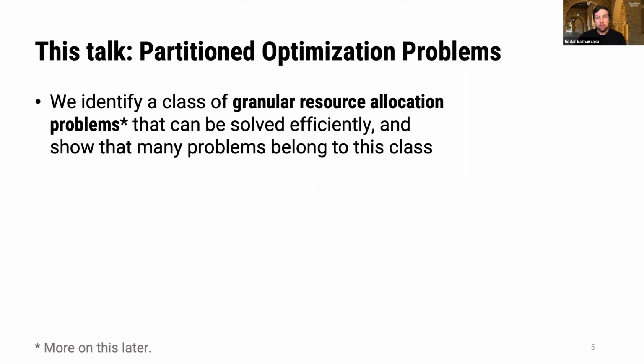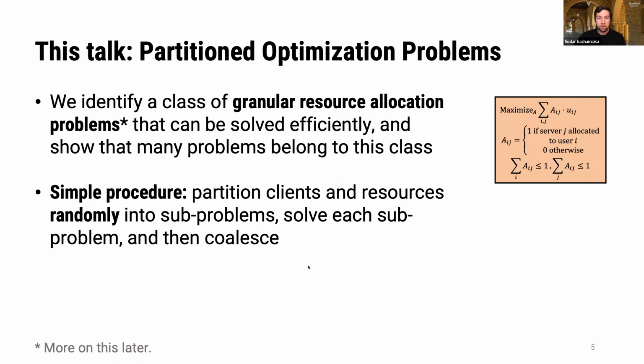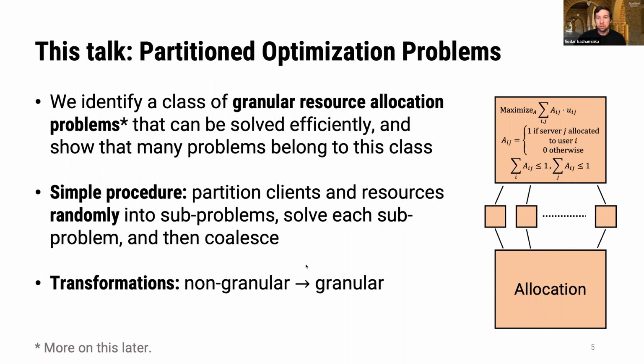A distinguishing feature of POP is its simplicity. We take the system and its mathematical problem formulation, randomly partition it, solve the optimization problem on each partition, then coalesce the results into our final allocation. We'll also show how problems that are not granular can be easily transformed into granular problems, on which POP can be applied.